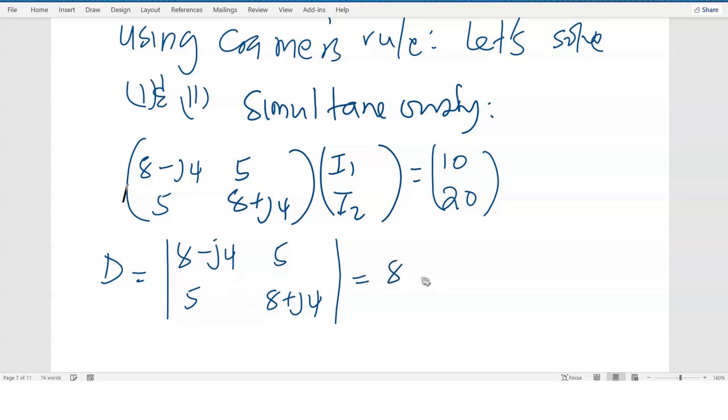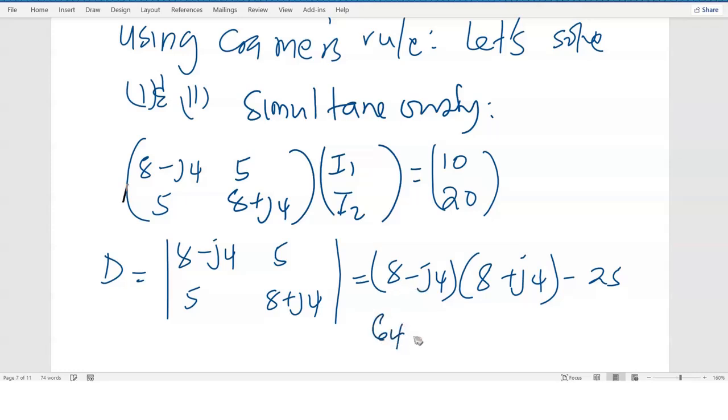So I'll have 8 minus j4 into 8 plus j4 minus 25. Remember, this is like multiplication of a complex number and its conjugate. So this becomes 64 plus 16 minus 25. Is this 80 minus 25? This should give us 55.